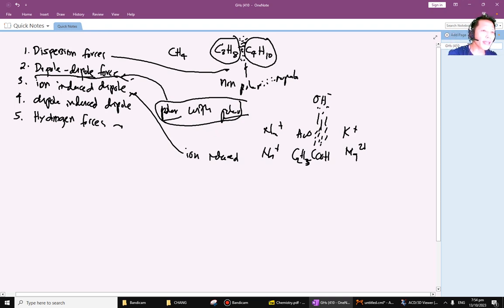If it is a dipole, if it is polar versus nonpolar, just like water, because water is polar, but water and water alone is a hydrogen force.